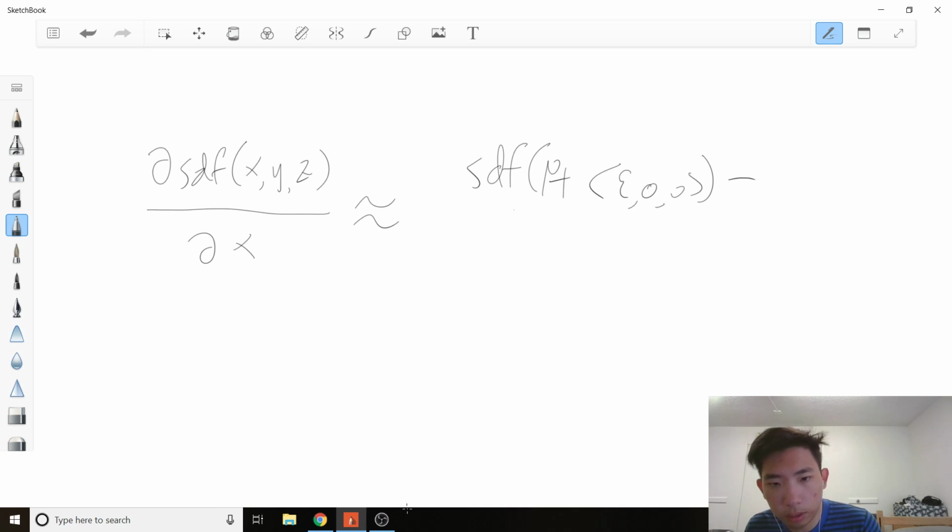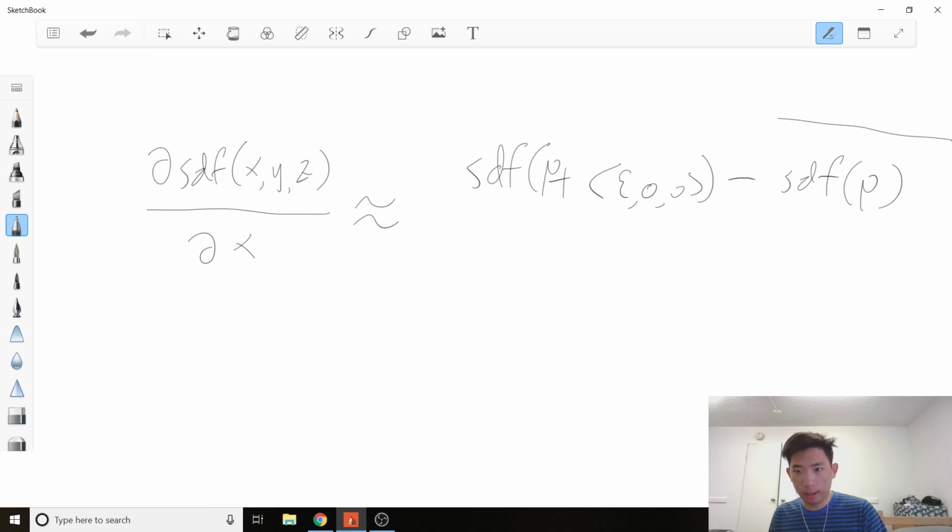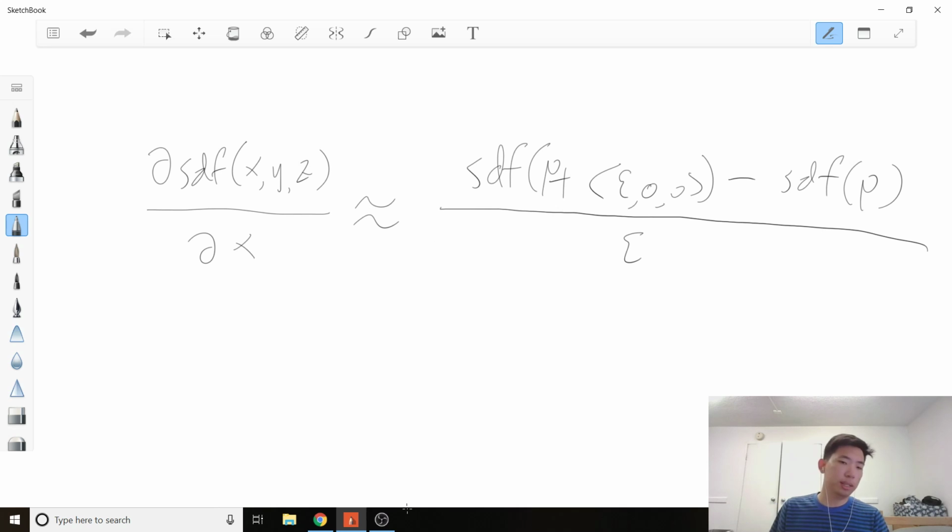This is the result if we move the point along the axis a little bit, and this is the original output. This is the difference in output if we move the point along that direction a little bit, over epsilon itself. So this is the approximate rate of change along the x dimension at point P.